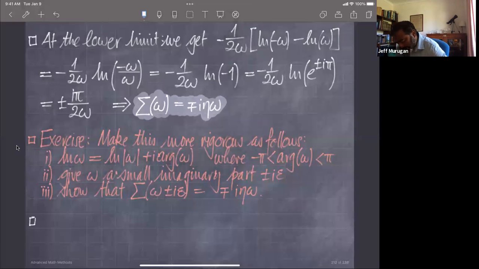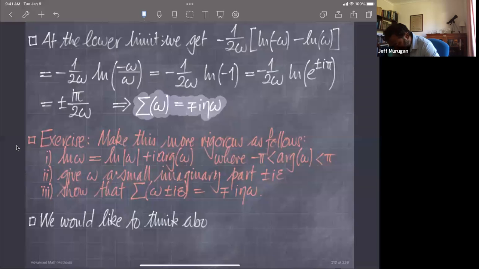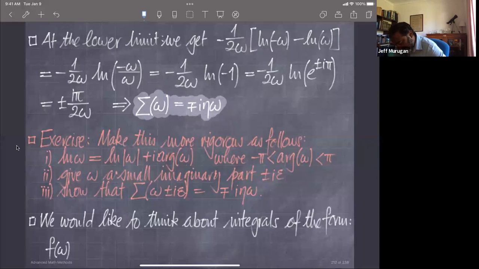Out of this, the lesson that we want to take away is that we would like to focus on a particular class of integrals. So let's call them f of omega.